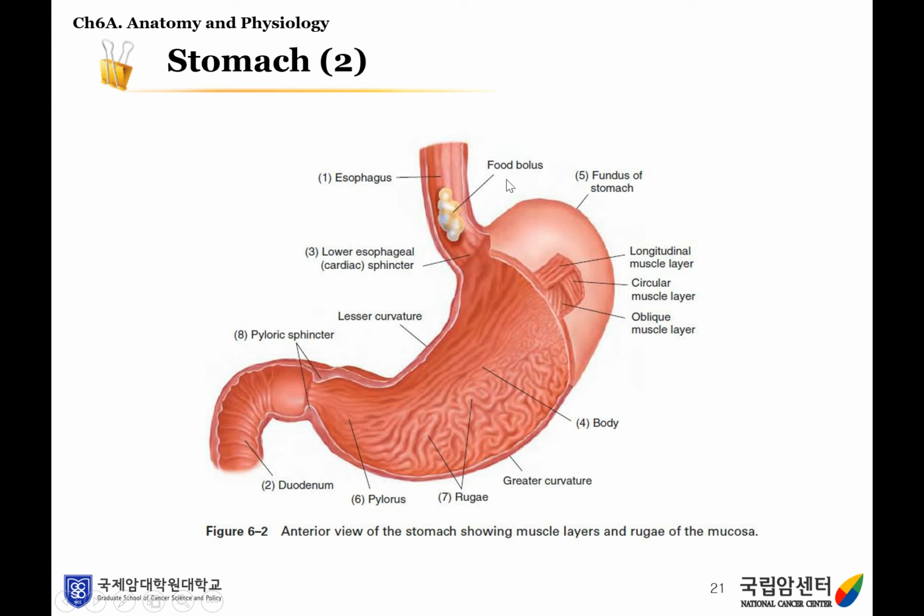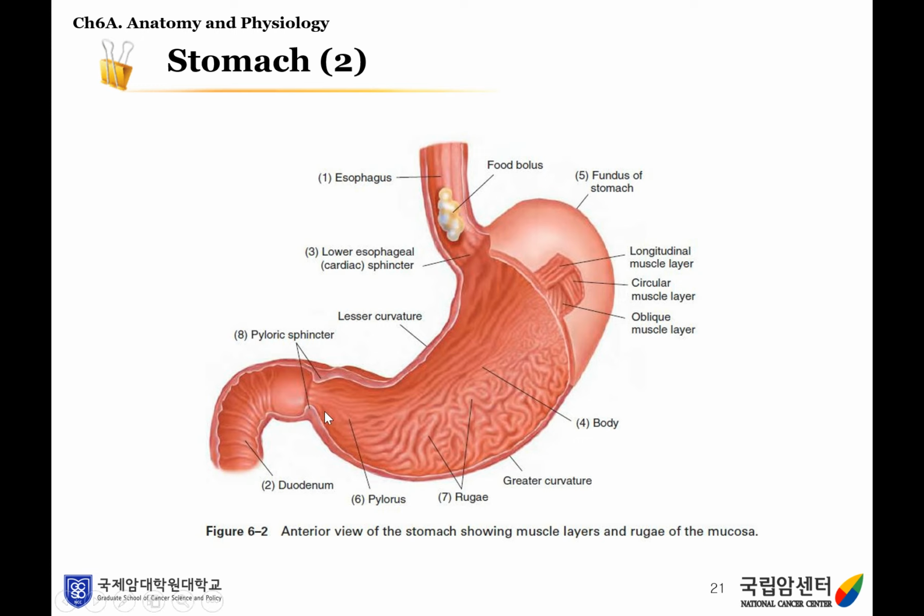From the esophagus, the food bolus goes into the stomach, and the first part of the stomach you can see is the fundus, and the next one is the body and pylorus in the terminal part of the stomach, and then the food bolus goes to the duodenum, which is the first part of the intestines.